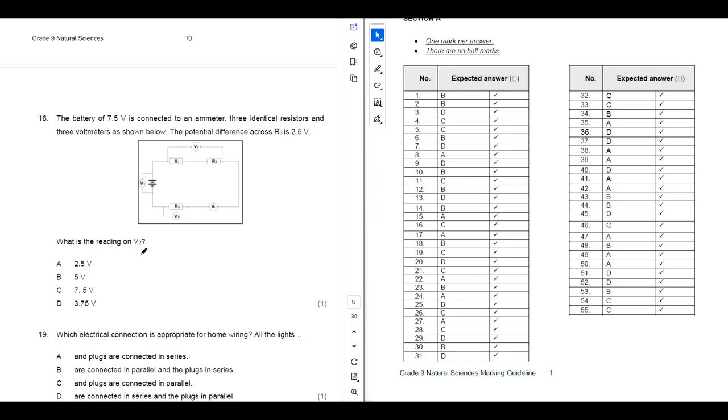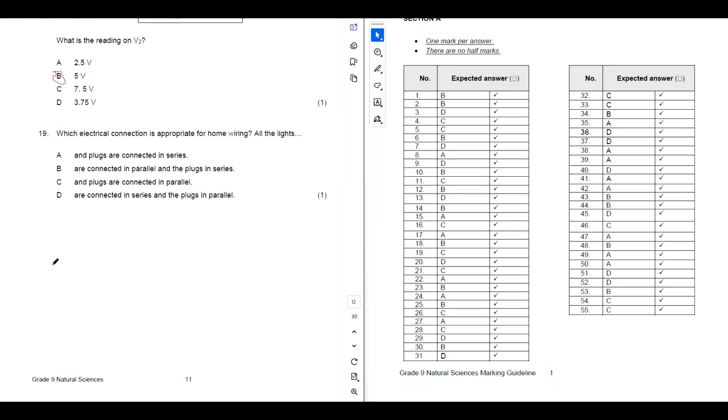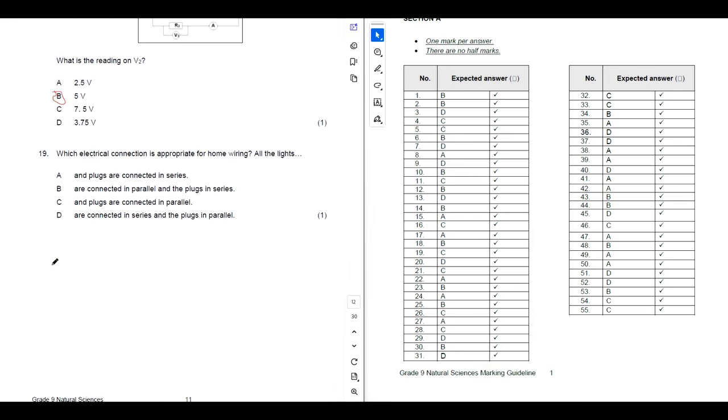We can easily see that this is our V2. The reading on V2 will be 5 V, as we can see here. And then next, we will move to question 19.